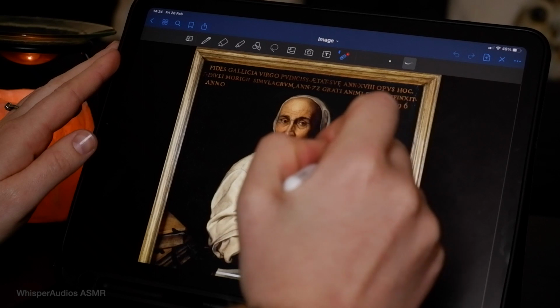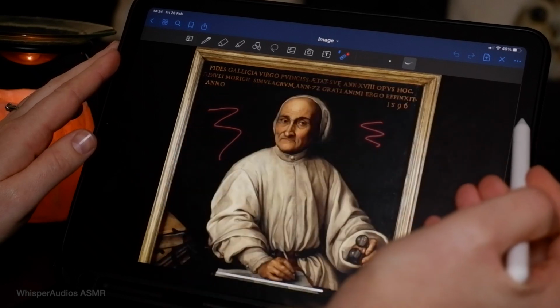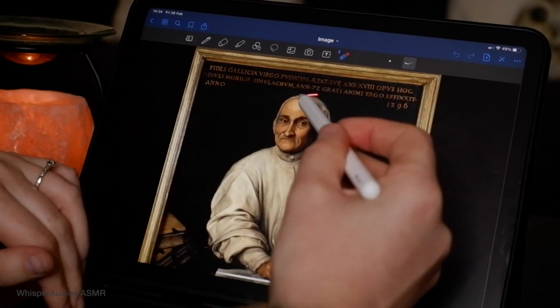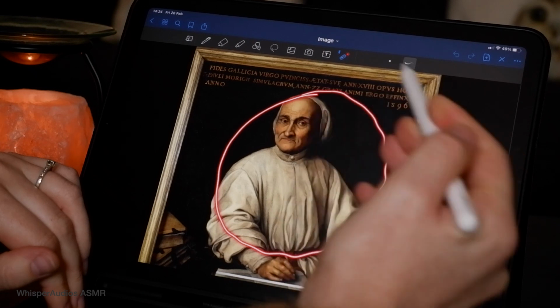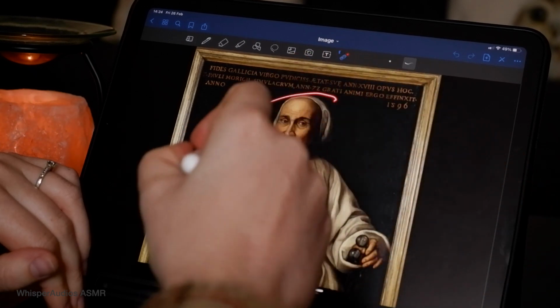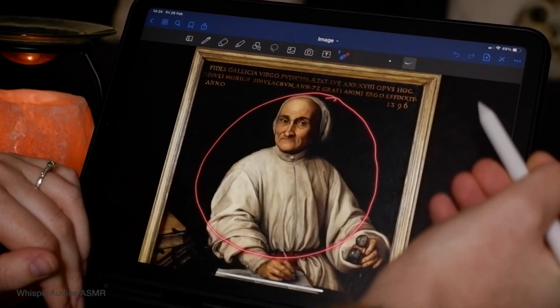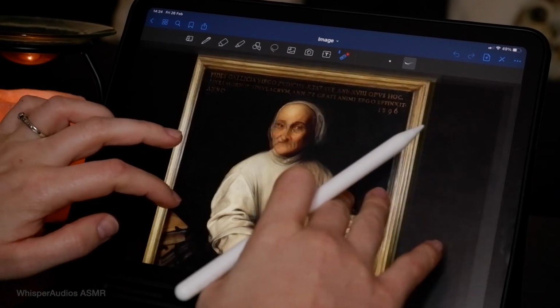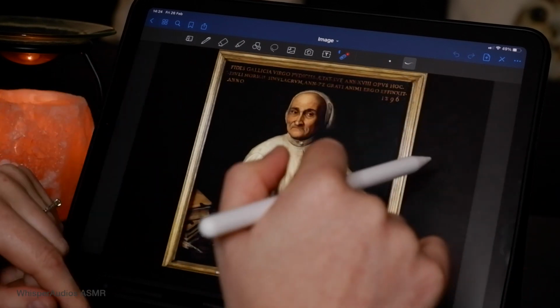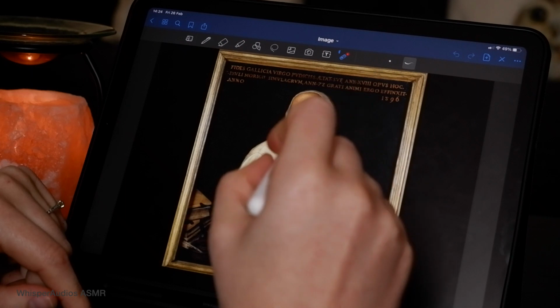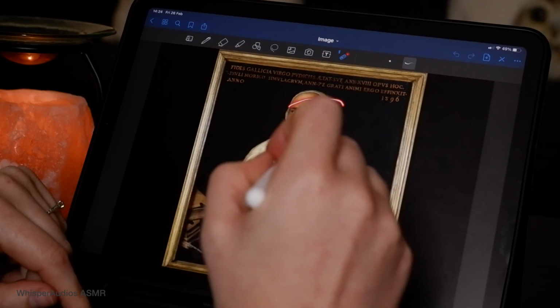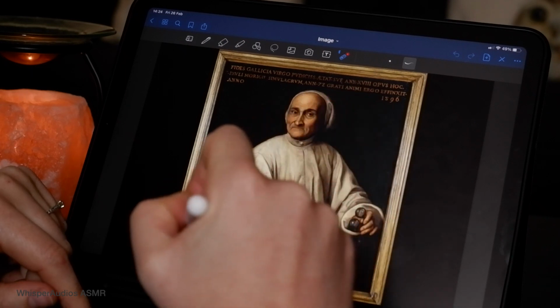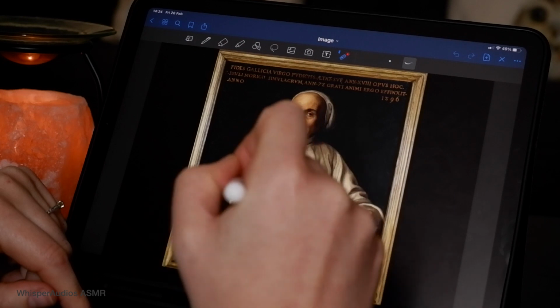The background is just black to really emphasize the portrait of this man, so nothing else is distracting you. The most important subject is this man and the books.